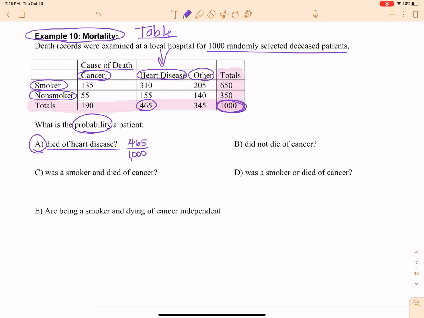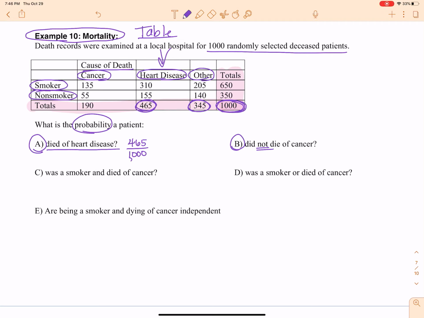You don't need to. All right, B, what is the probability that a patient did not die of cancer? Okay, so I'm going to not look at the people who died of cancer. I'm going to focus on the heart disease people and the other category. These are the people who did not die of cancer.